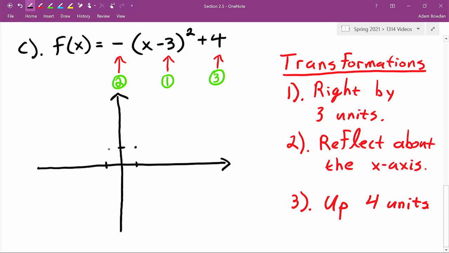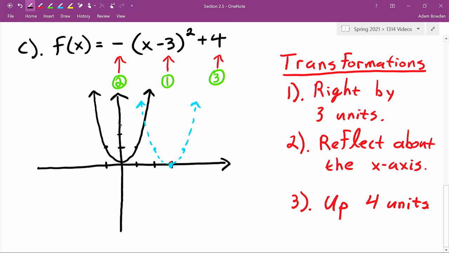Let's take a look at the basic x squared function, which is the parabola. Looks something like this. So first things first, let's move that to the right by 3 units. So that'll place it over here somewhere. And then we have to reflect and shift up by 4.